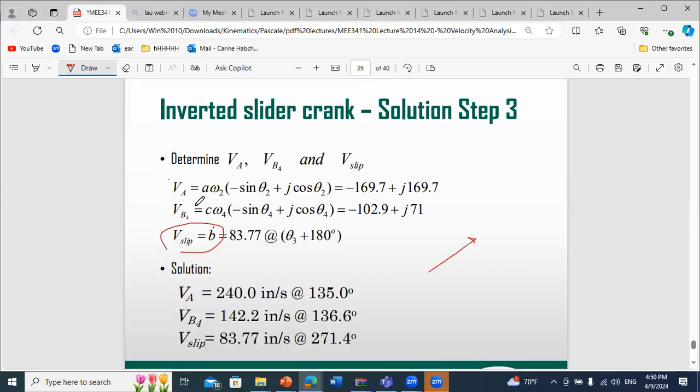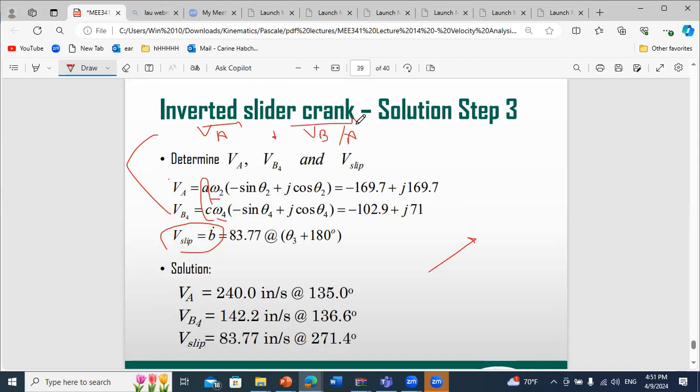And then I still need to find the velocity of A and B, which is very simple. Once I have omega 2, omega 4, and I know the magnitudes of the links, I can get VB. You can also get VB another way, by decomposing VB into VA plus the velocity of B relative to A. And we mentioned that the velocity of B relative to A is divided into two components, a slipping component and a rotational component.